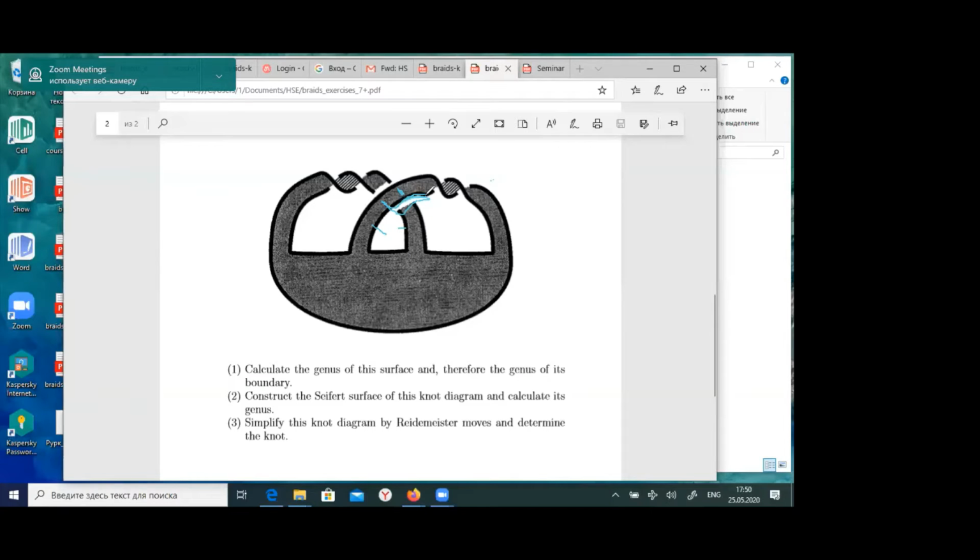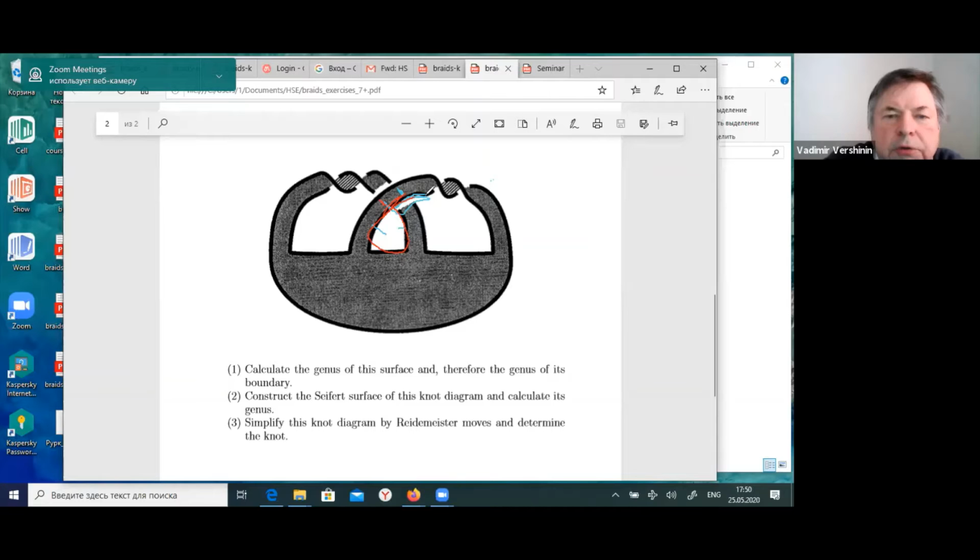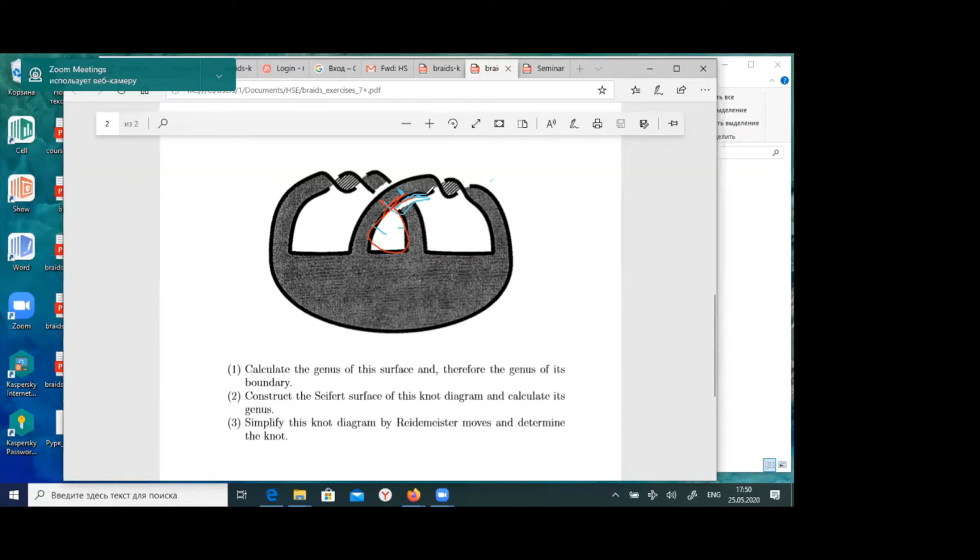This line and this line and this line, and this is a simple loop, no? But we already simplified this loop.